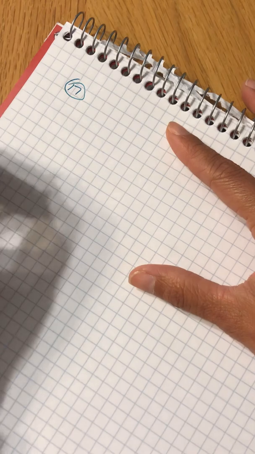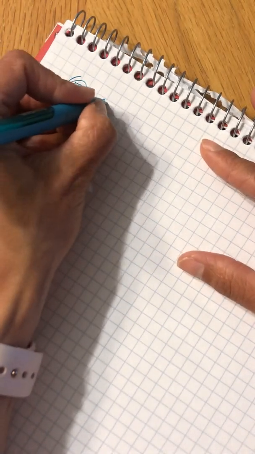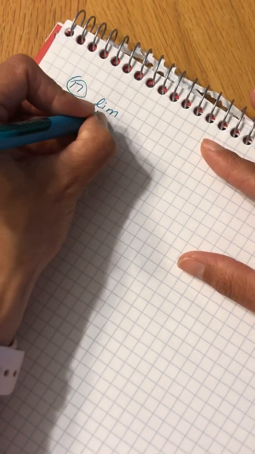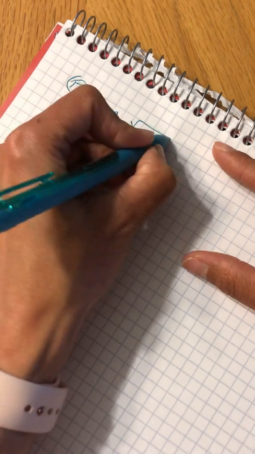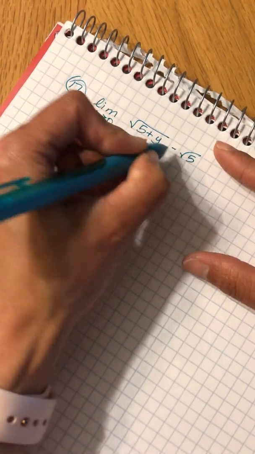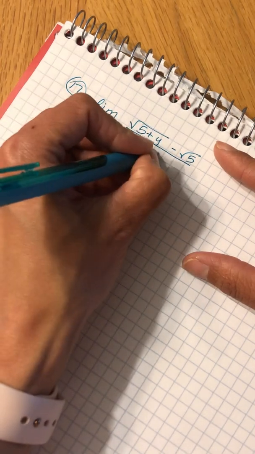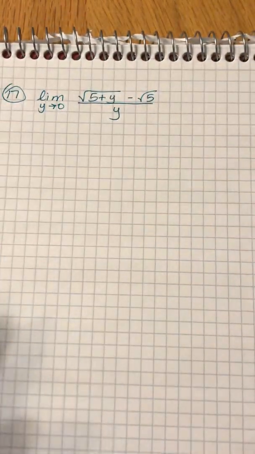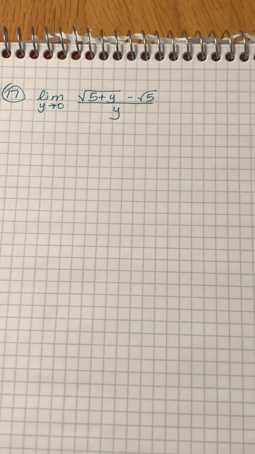2 more left to do. We have 17 and 19. So 17, we're finding the limit as y approaches 0 of the square root of 5 plus y minus the square root of 5 all over y. Okay, so now we have radicals, which means this is where we do the reverse rationalizing.